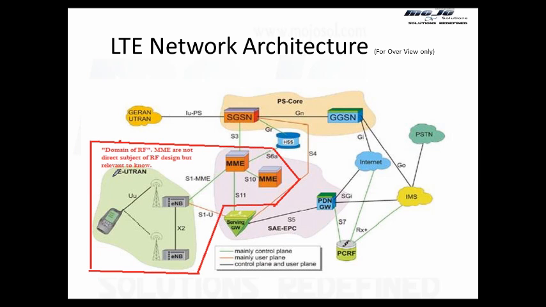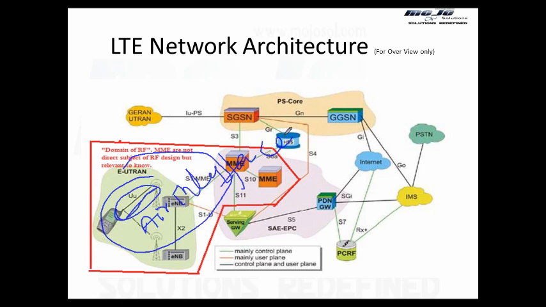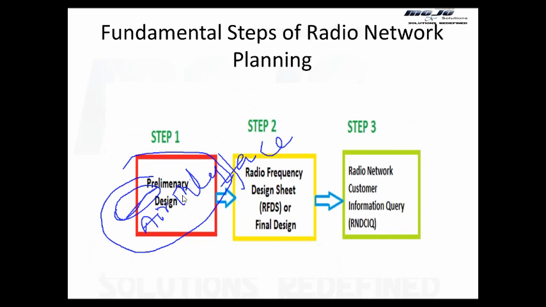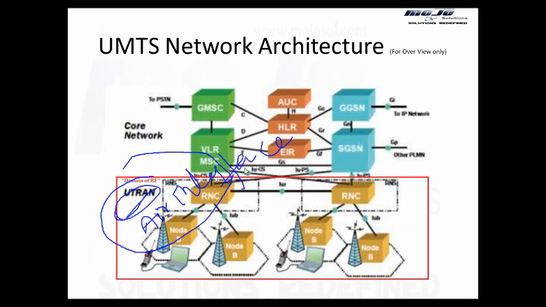You see this portion, marked in red, is RF. This portion is the main domain of RF engineering. This is called the air interface. Most of an RF engineer's job is about this air interface. As you move away from it, we should know about Node Bs or eNode Bs, and about MMEs and RNCs.